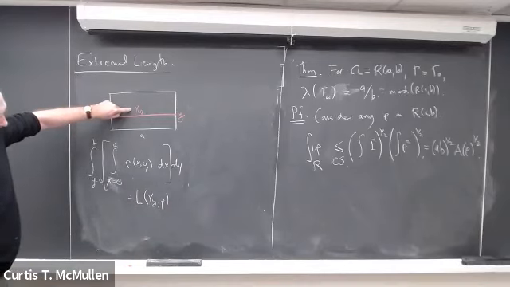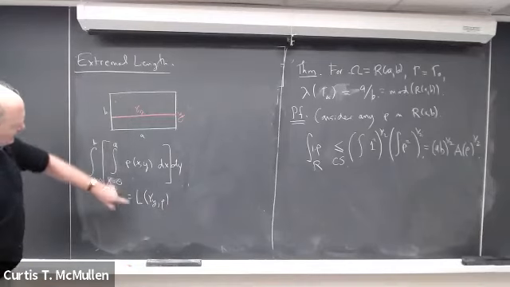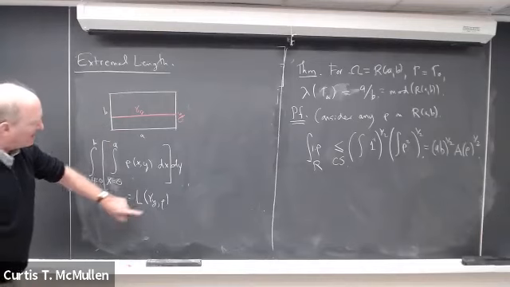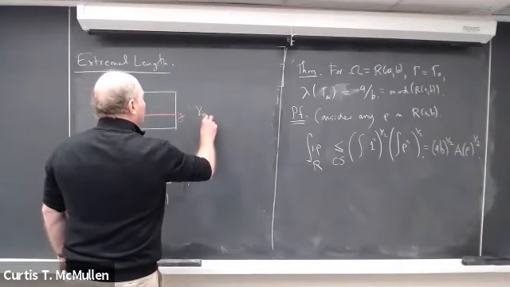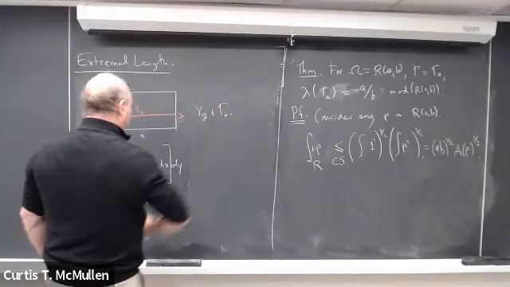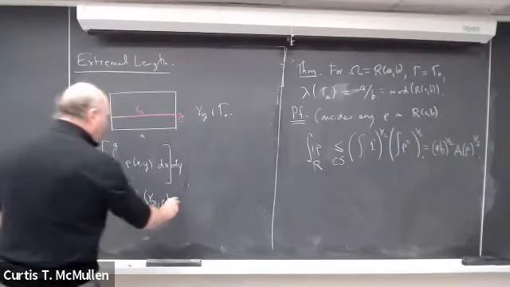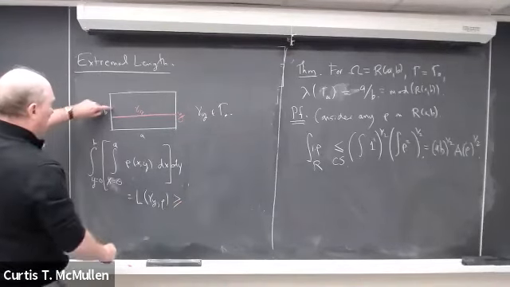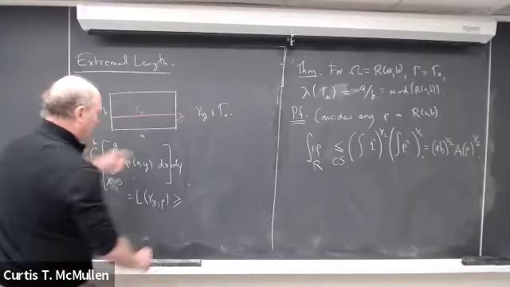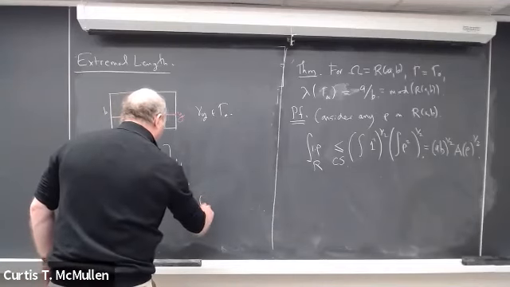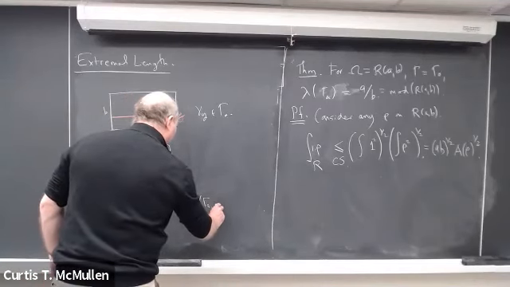Now in the definition of extremal length, we're interested in the shortest element in the path family, and gamma y is in our family gamma A. So this is greater than or equal to the length of the shortest curve that connects these two sides. So this is greater than or equal to L of gamma A with respect to rho.